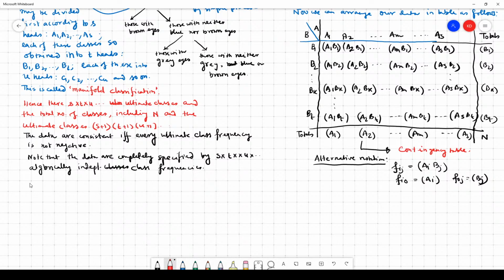This two-way classification of the data is called a contingency table. A frequency table is different. These are all frequencies, but this is a two-way classification.